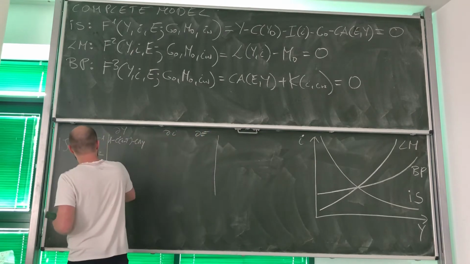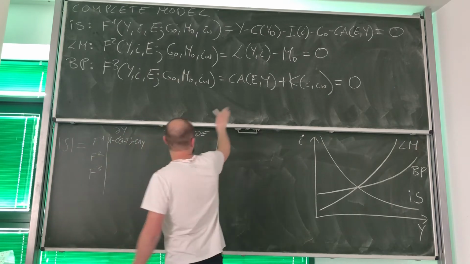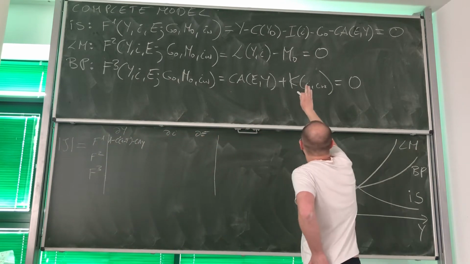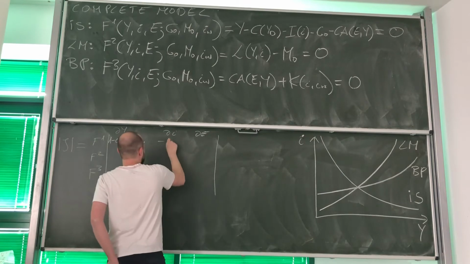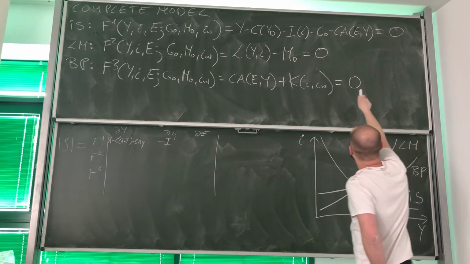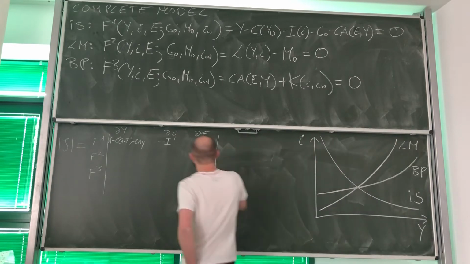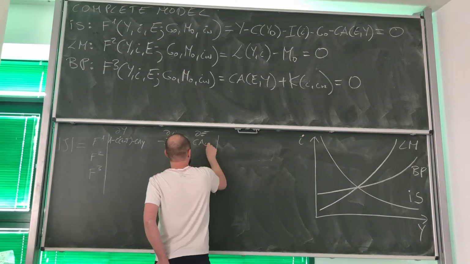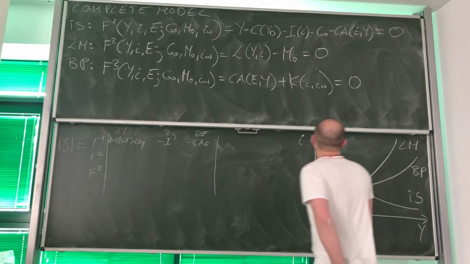Then, if I differentiate the first equation with respect to interest rate, I'm going to get negative I prime. And with respect to exchange rate, I'm going to get negative CA_E.